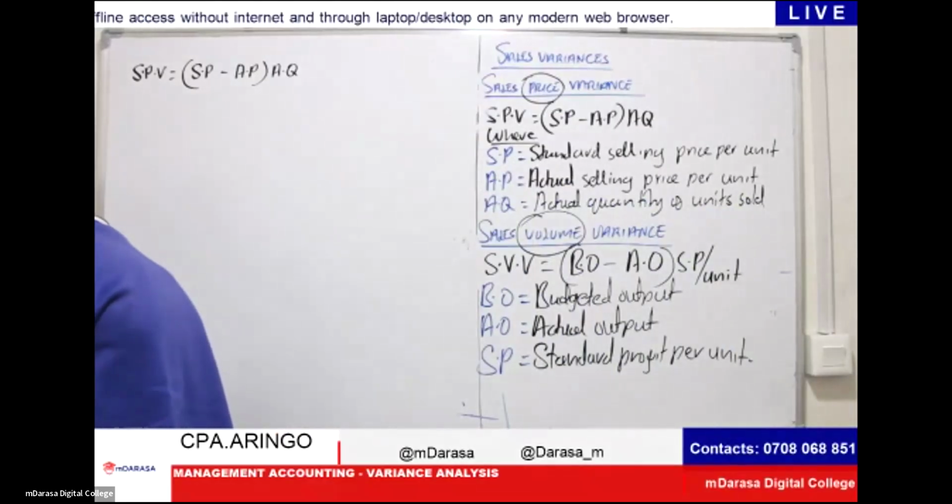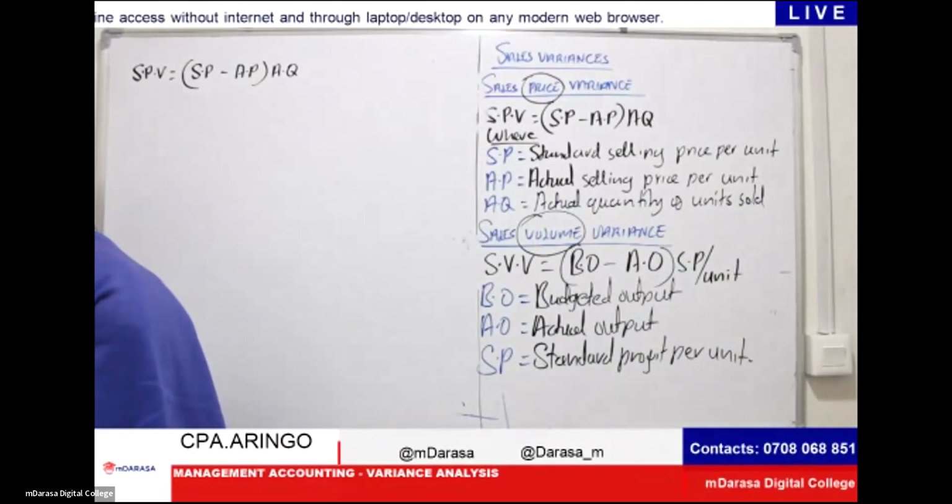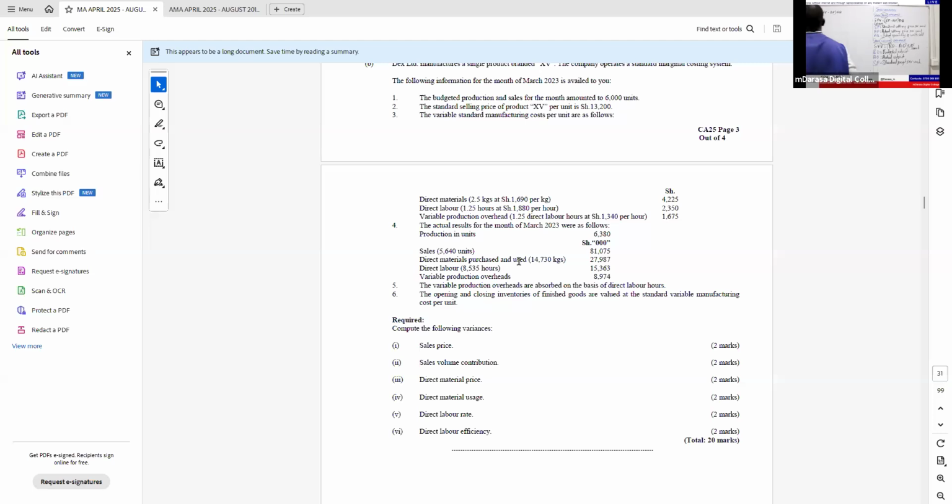So let us see, here being our question. We need to identify what our actual selling price is. Actual selling price, how much per unit are you given there? 13,200.